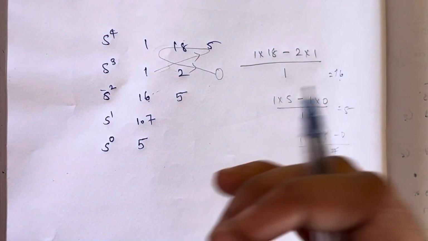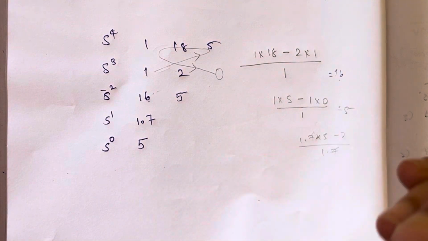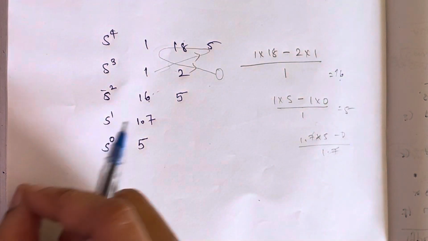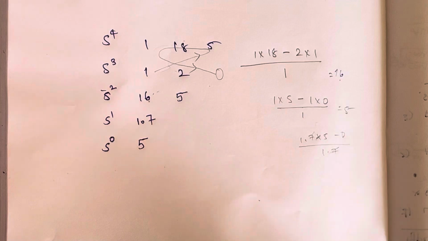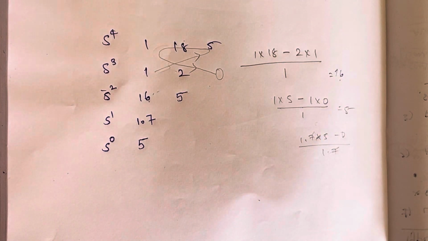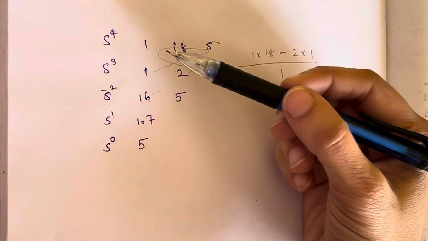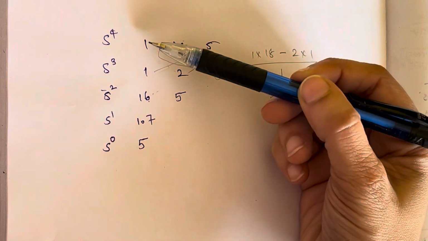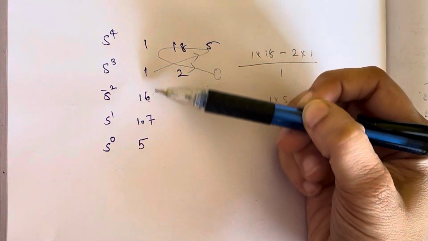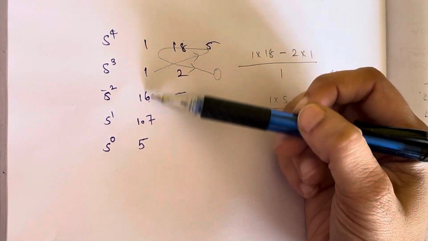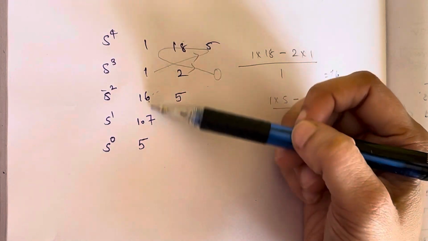Now we can know whether the system is stable or not. For this, you have to check whether there is any sign change in these coefficients. You don't have any sign changes.